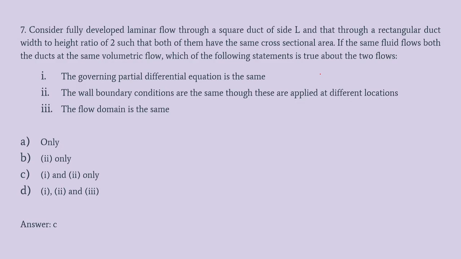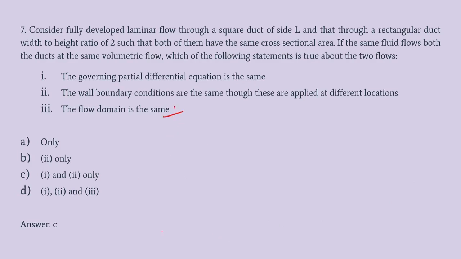Suppose one side is L, then the other side will be 2L. So the cross-sectional area of the square and rectangle will be different. Since the cross-sectional area is different, the volume through which the fluid is passing will be different. That is, the flow domain will be different.